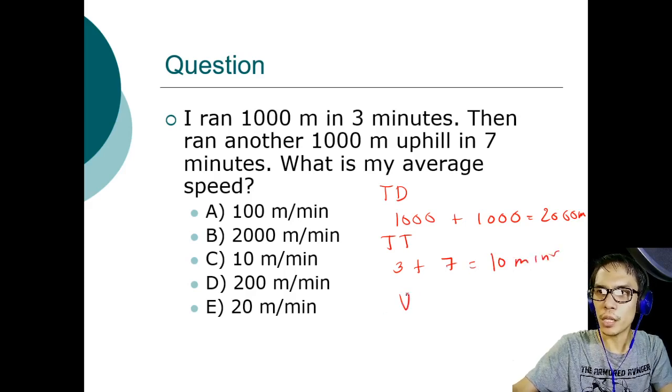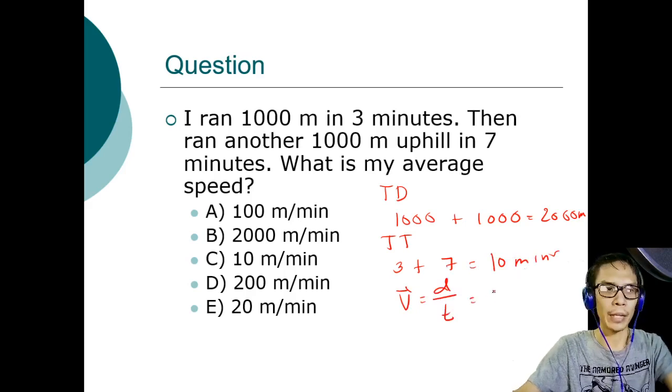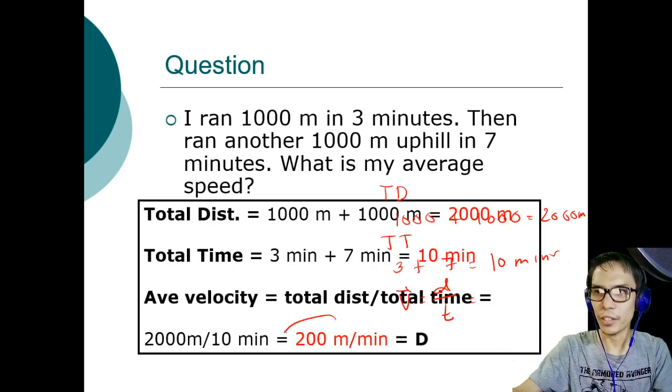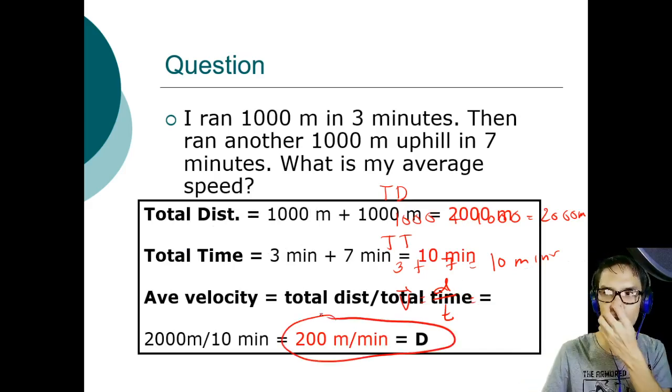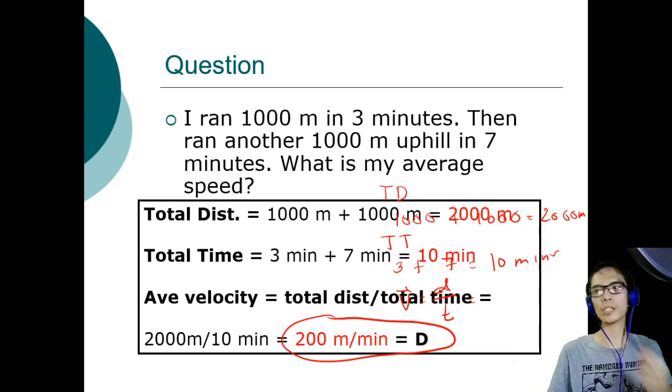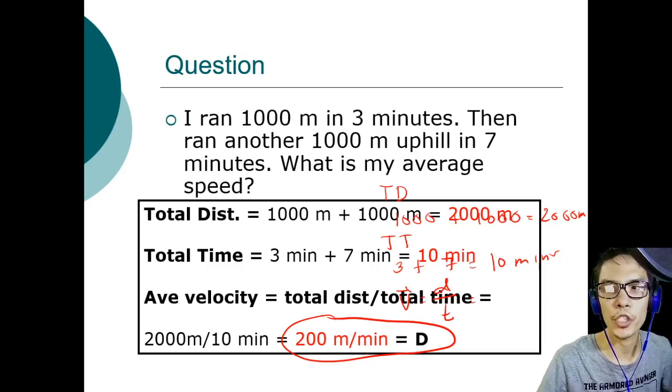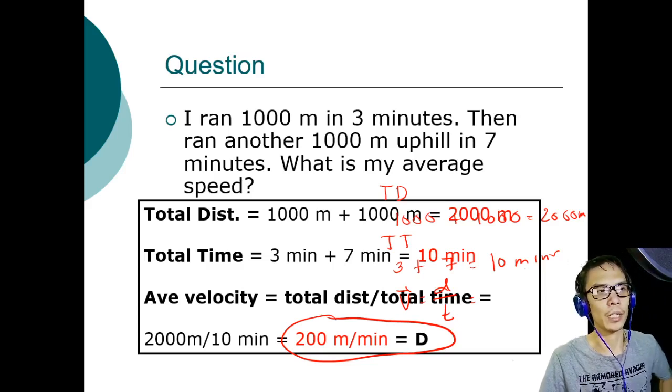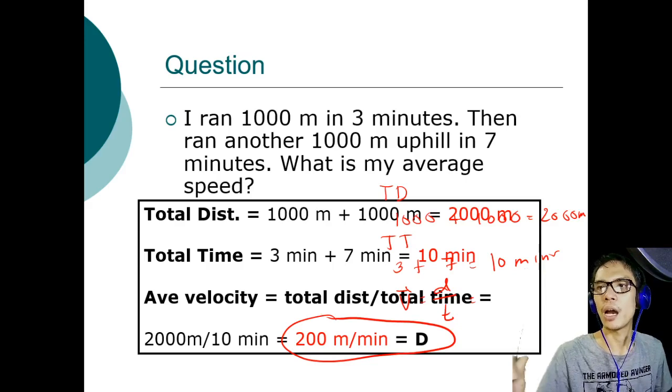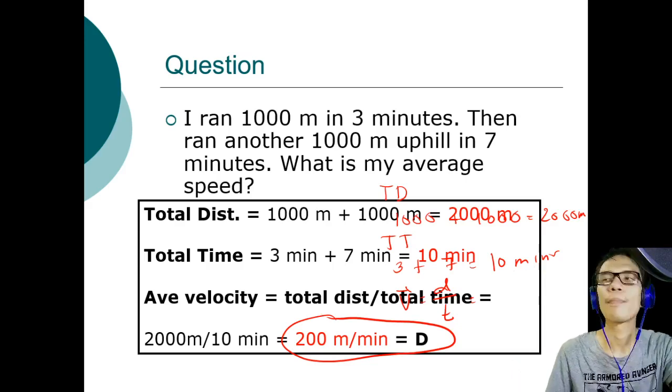Now, using the velocity formula, distance over time, you can have the answer of letter D. Alright, so your answer will be letter D. So that is 200 meters per minute. So that is your average velocity.